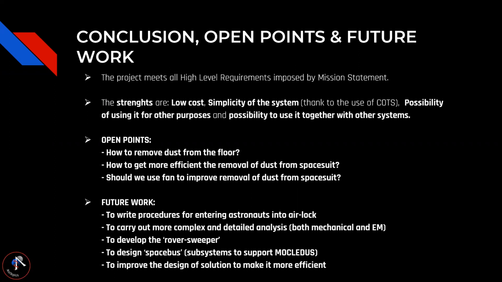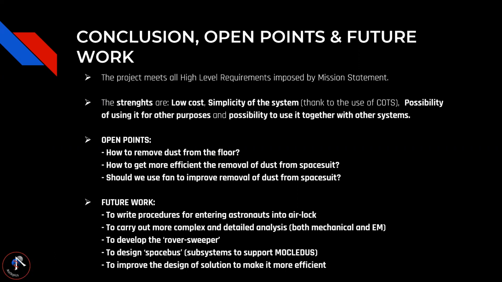Open points: how to remove the dust from the floor, how to improve our solution, and how to make it more efficient. To do that, we will develop our system in a more complex way. We will, for example, develop the rover, as we said before.